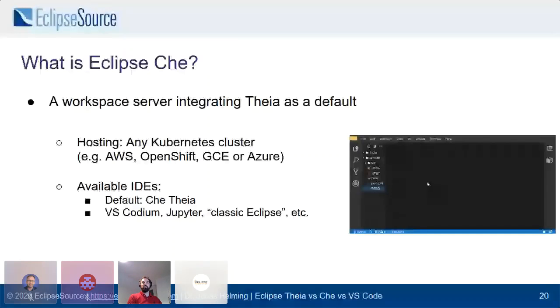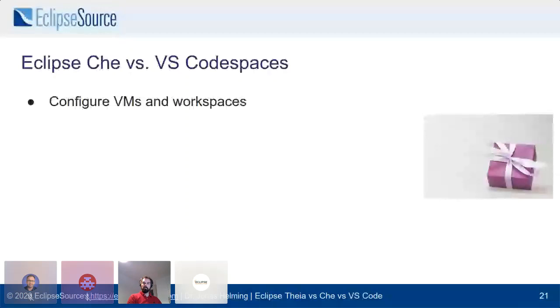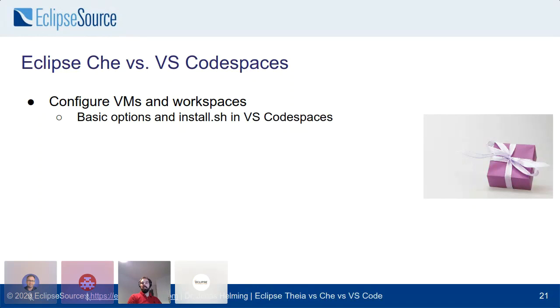Now let's compare those two things in terms of how you can configure virtual machines and the workspaces. With virtual machines, I basically mean the workspace container on the server. So in VS Code Spaces or GitHub Codespaces, you have basic options, and you can add an install shell script, which installs the necessary tools you need for development. In Che, you have something more sophisticated, which they call stack management.